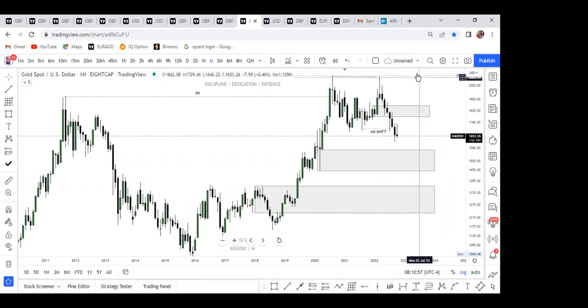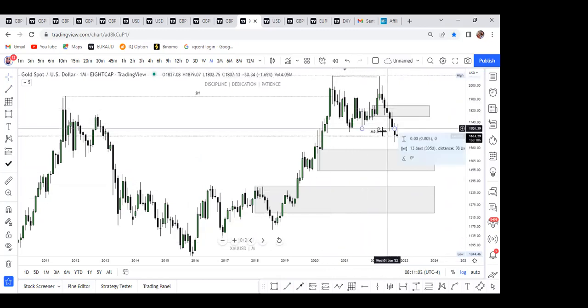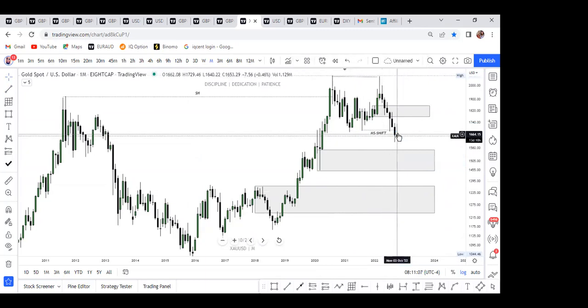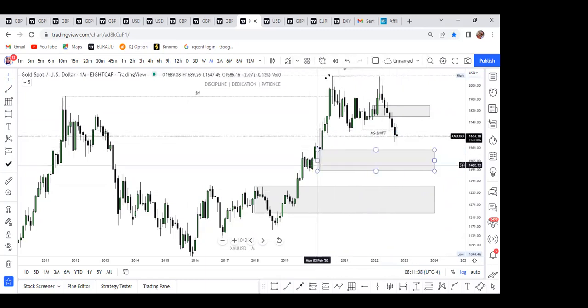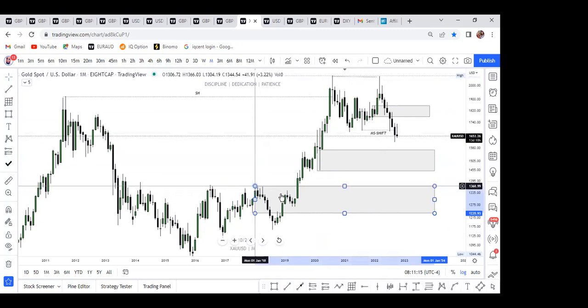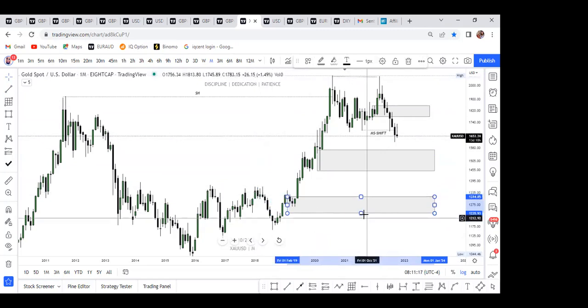Price is making a retracement into that range. Buy side liquidity has been swept. Internal range liquidity has also been swept. So price is coming back to the zone that facilitated this push to the upside. Now I'm going to make a refinement of this entry. I can see clearly this monthly range.